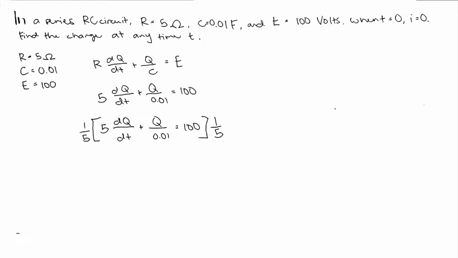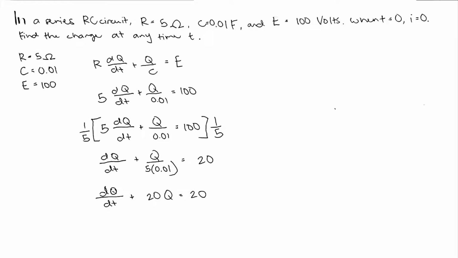Let us divide both sides of the equation by 5. We will have dq with respect to time plus q over 5 times 0.01 is equal to 20. One over 5 times 0.01 will become 20 also if we calculate. We will now have dq over dt plus 20q is equal to 20.